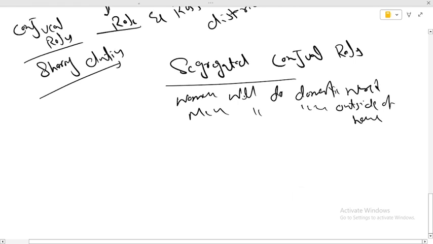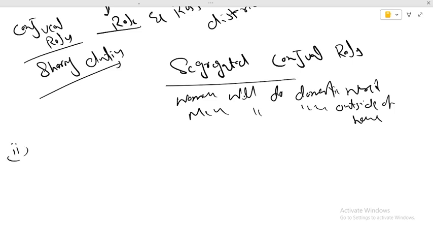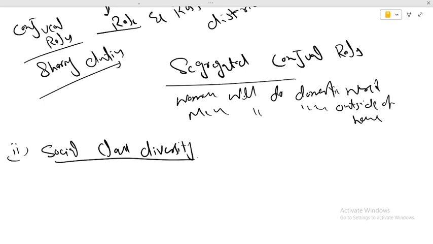Now the next is social class diversity. Let me introduce the sociologist O'Neill, who makes several observations about single parents when compared to two-parent families.